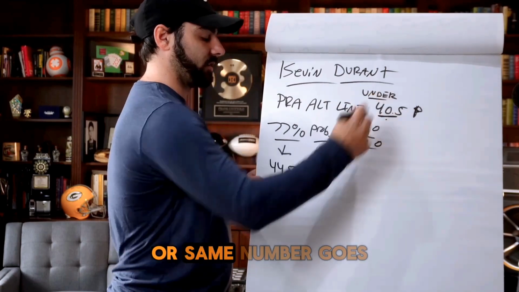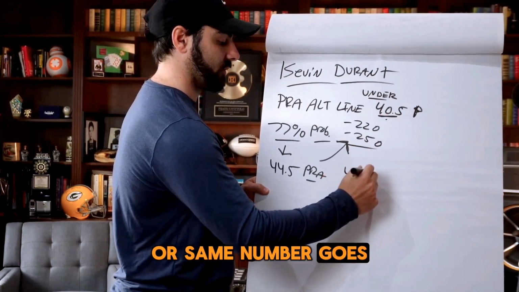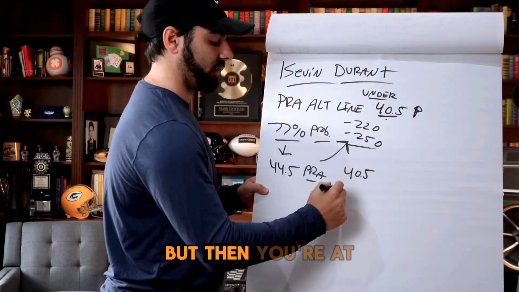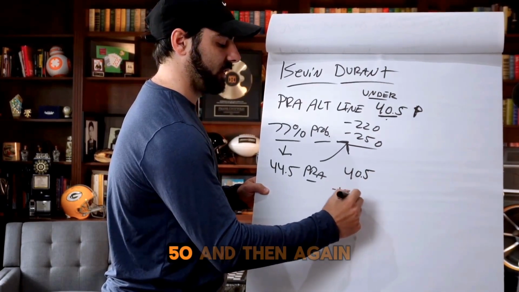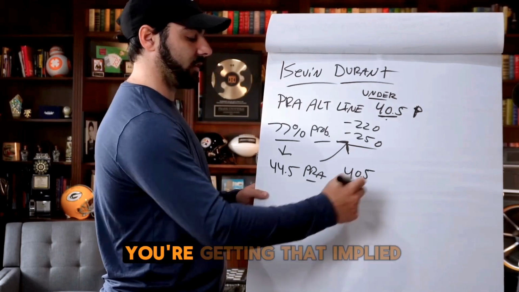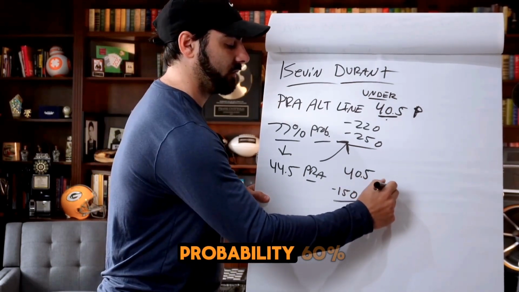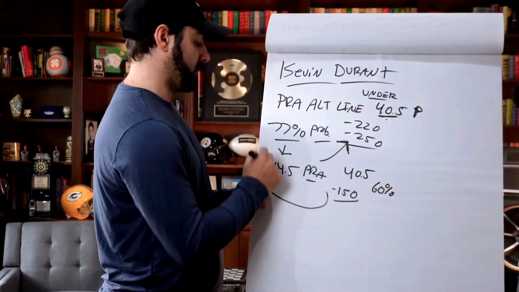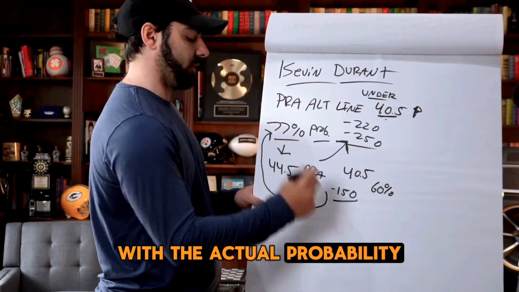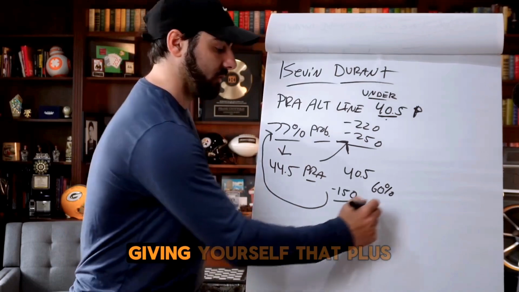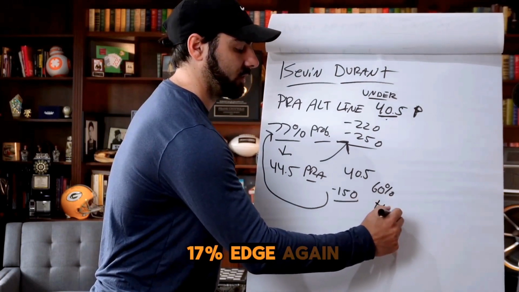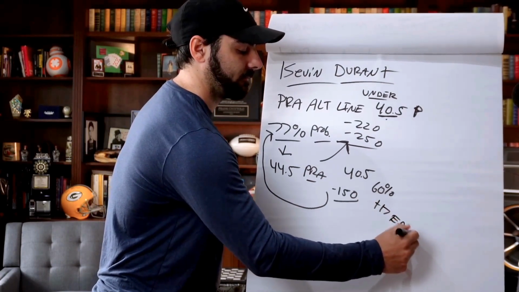Okay, or same number goes to this 40.5, but then you're at minus 150, and then again you're getting that implied probability 60% with the actual probability 77%, giving yourself that plus 17% edge again.